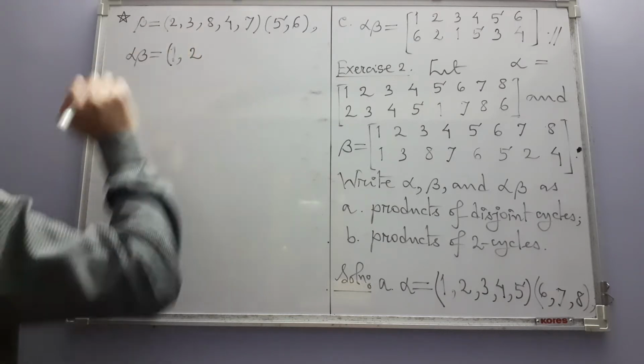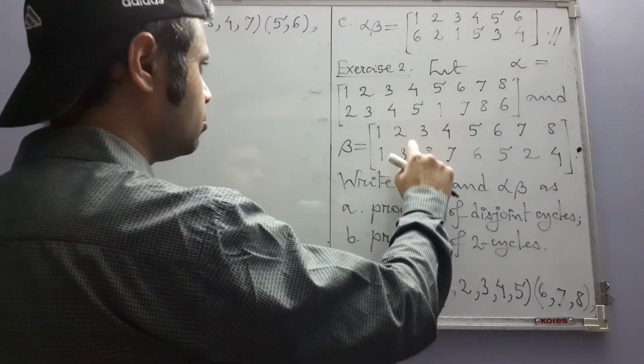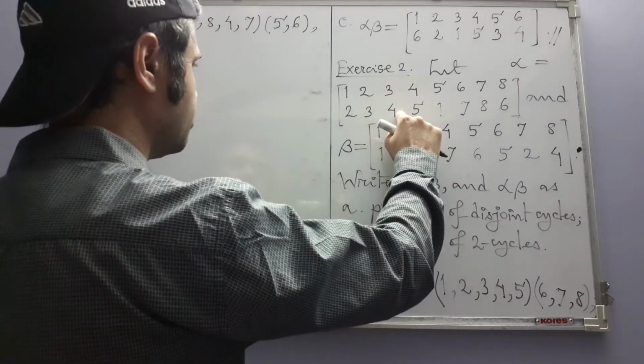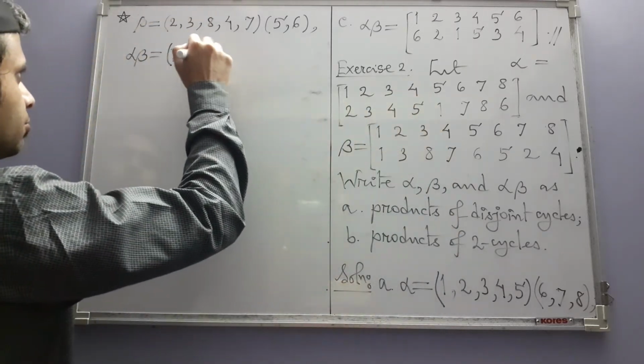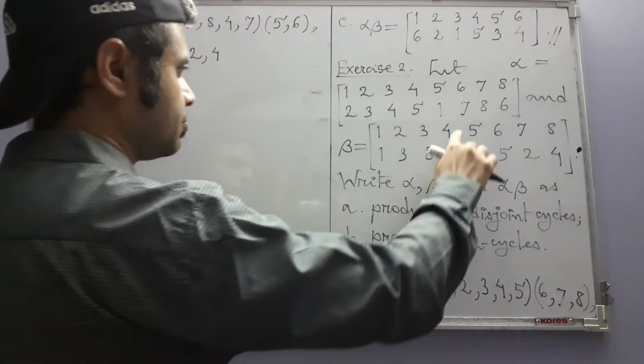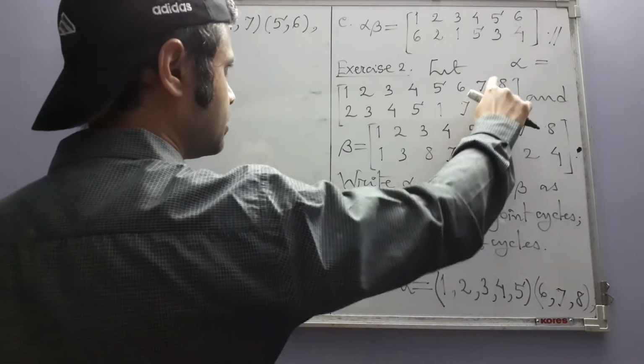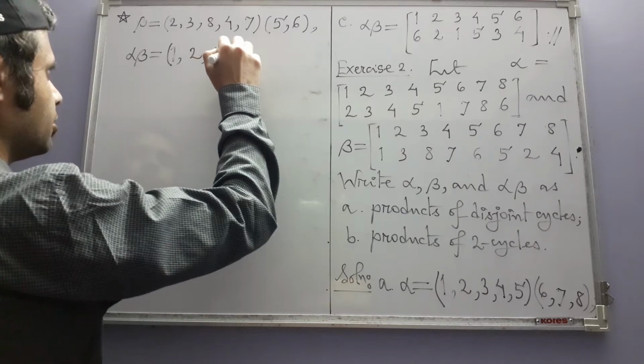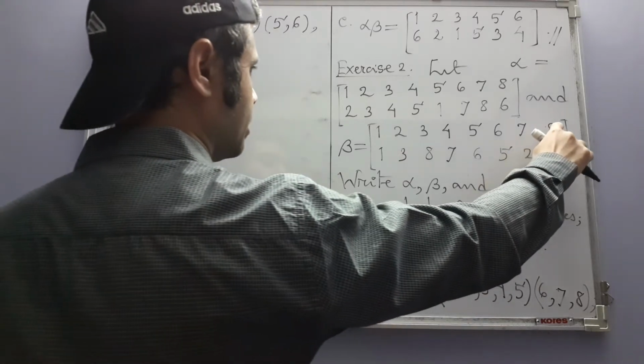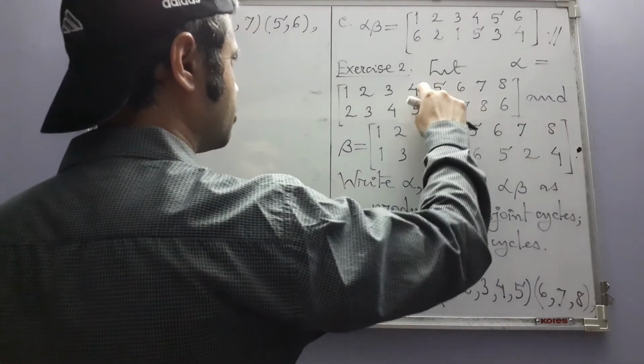1 to 2, 2 to 3, 3 to 4. So that means 2 to 4. 4 to 7, 7 to 8. So 4 to 8. 8 to 4, 4 to 5.